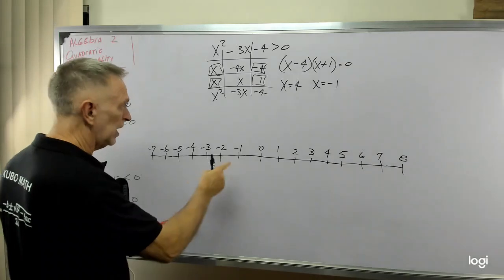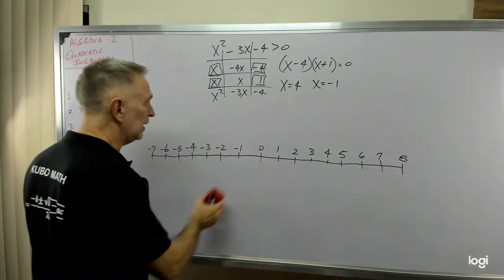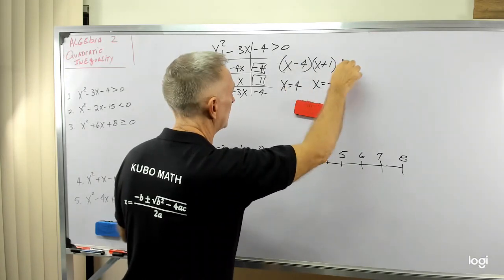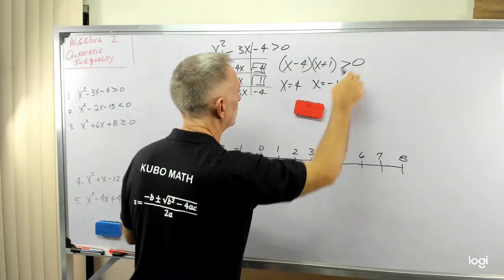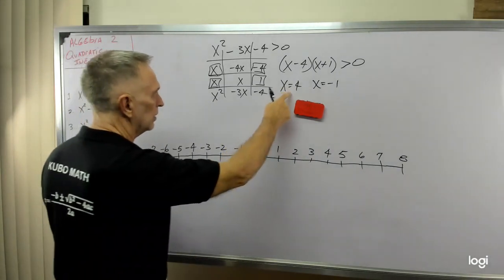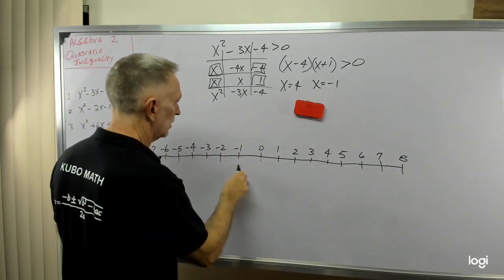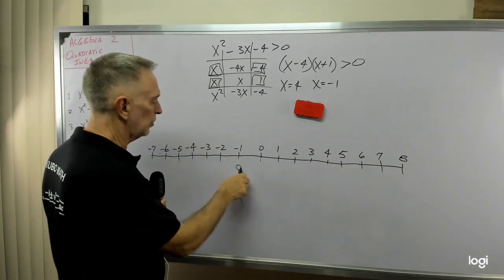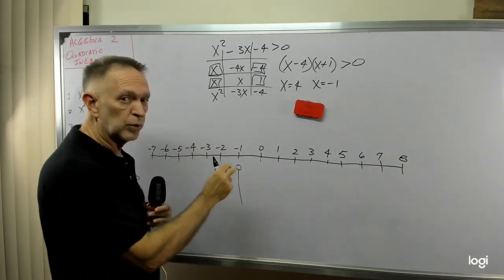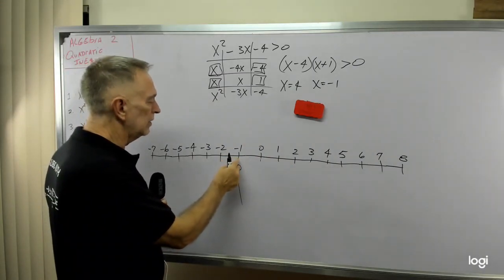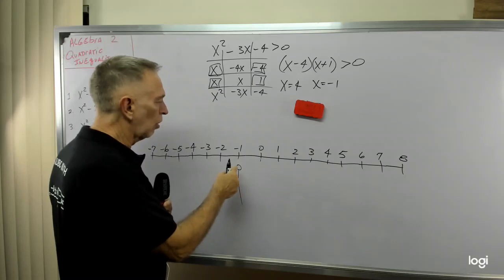Now, we know they don't equal negative 1 because we need this to be greater than 0. So these numbers don't quite reach those values. Here at negative 1, instead of putting a dot, I'm going to put a circle indicating that negative 1 is not included.